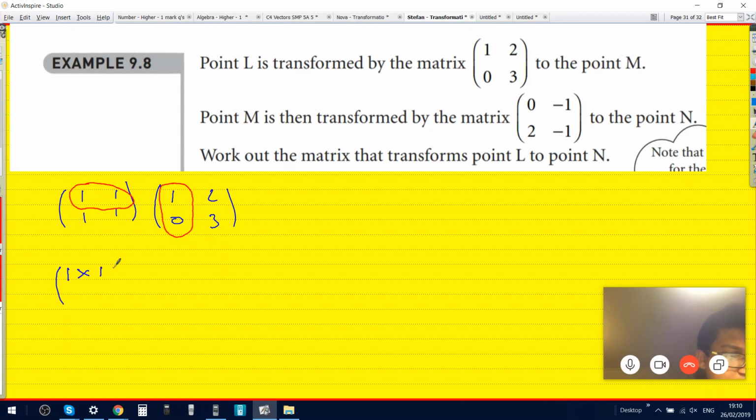Then we have 1 times 1 plus 1 times 0, 1 times 2. Oh, it's going to be the same, is it? Yeah. 2 plus 3 is 5. And then we have 1 again, and then 5 again.